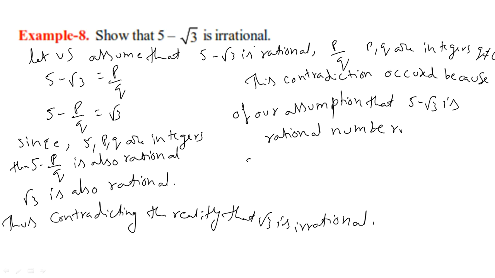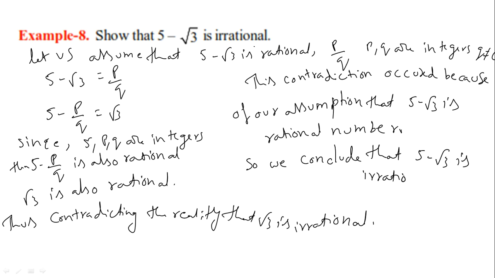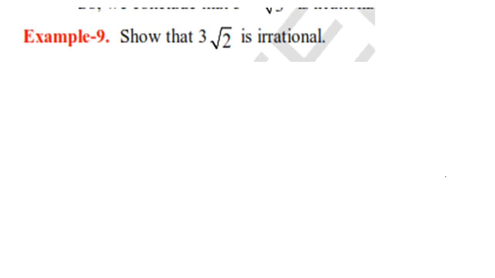So we conclude that 5 minus root 3 is irrational. Okay, fine. Let's move on to the next example.